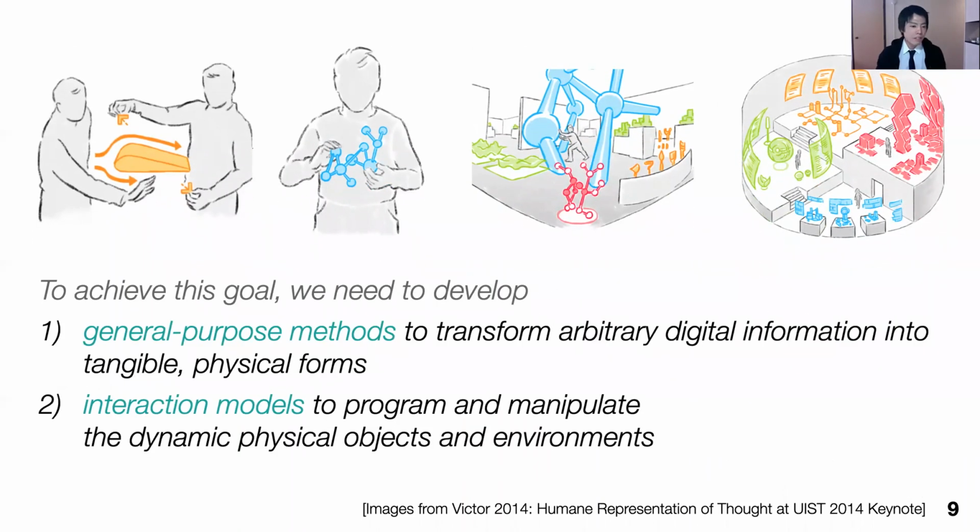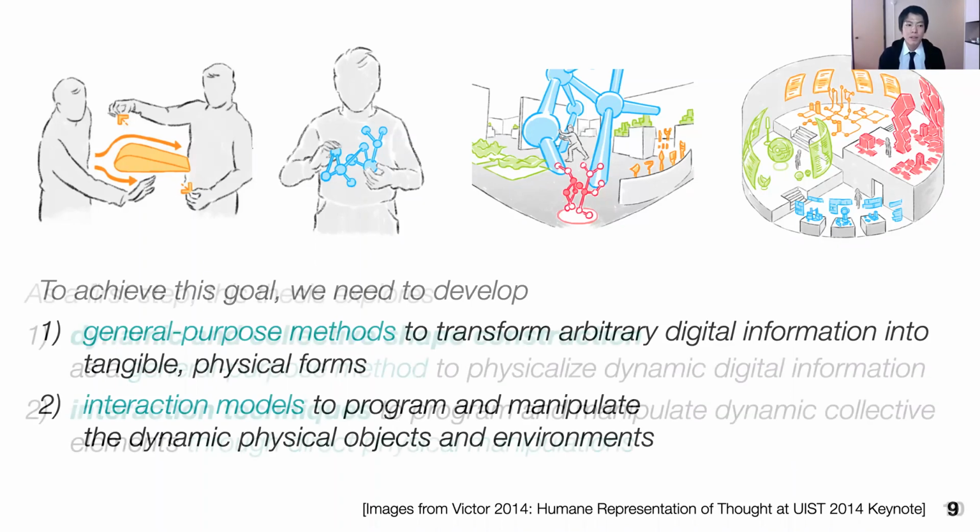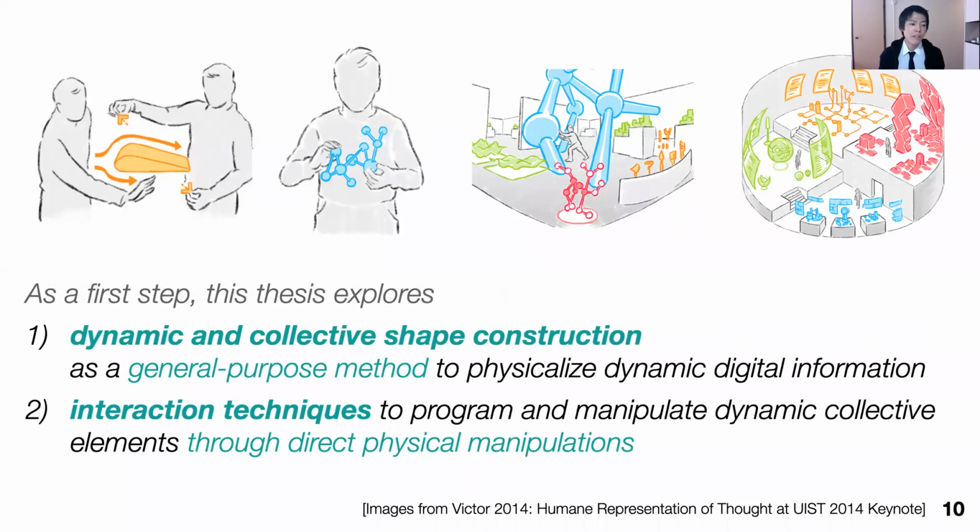But to achieve this goal, we need to develop two things. The first one is the general purpose method to transform arbitrary digital information into the tangible physical form, just like the interactive physical display. And the second one is we need to develop the interaction model to program and manipulate the dynamic physical object and environment. So to achieve this goal, the first step, this thesis explores dynamic and collective shape construction as a general purpose method to physicalize dynamic digital information.